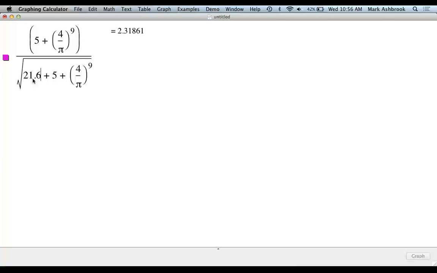Okay, so let's do a little exercise here. I want you to write one expression that calculates the area of a region.